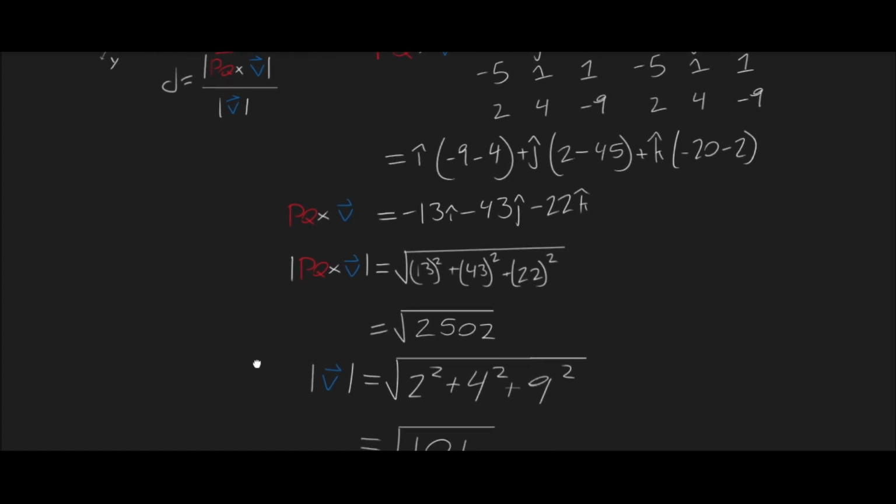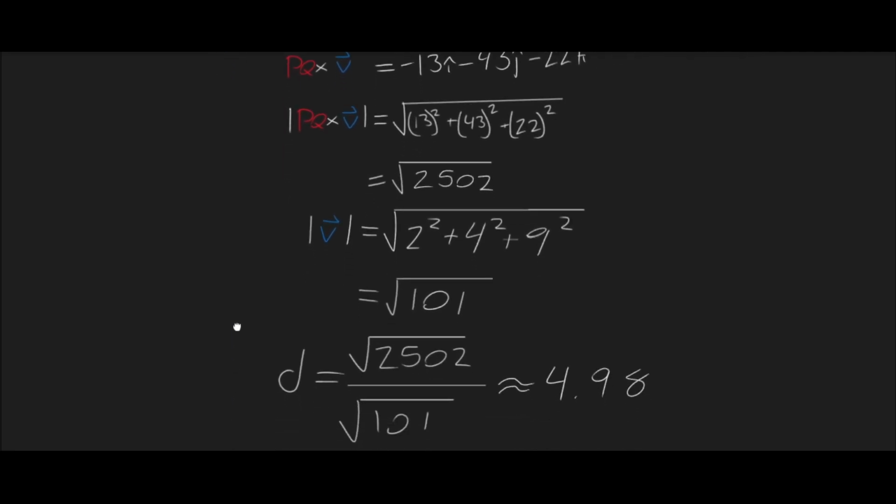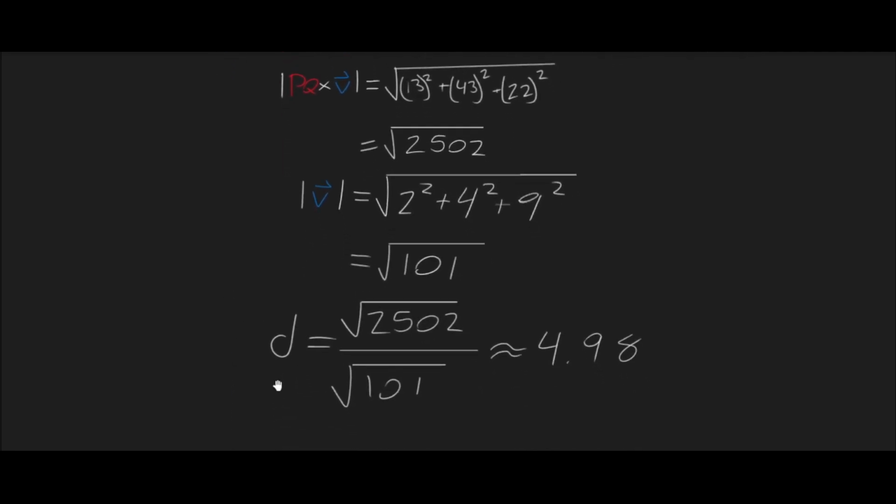Then we're going to take the magnitude of v, which is again adding up all of its components squared and taking the square root of that, and it's going to give us the square root of 101. So then, using our formula, we know that d is going to be the square root of 2,502 divided by the square root of 101, which is about 4.98.